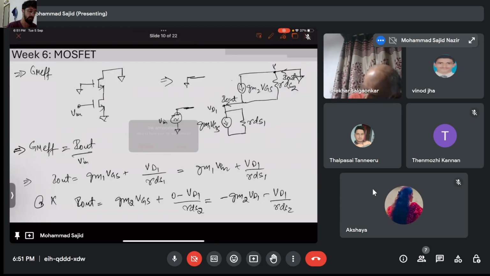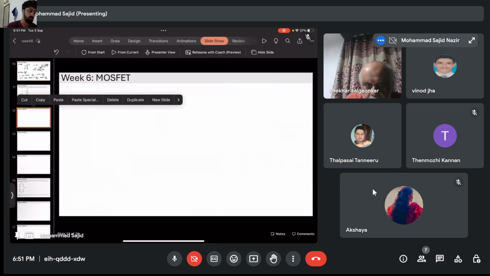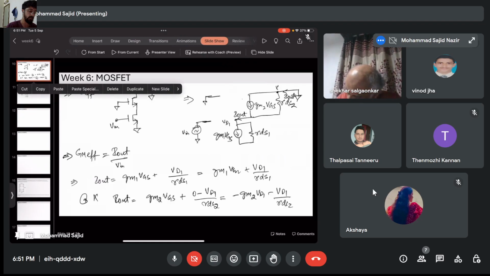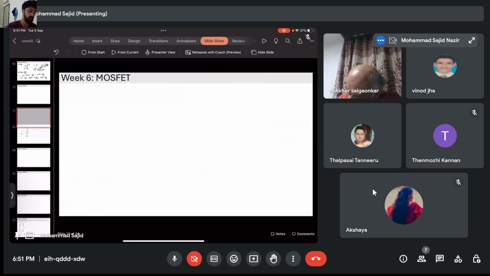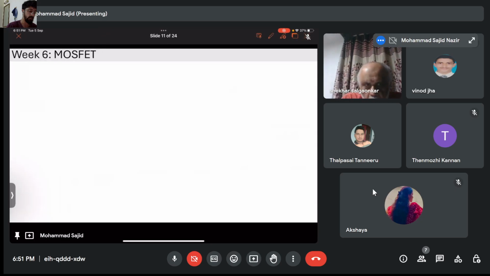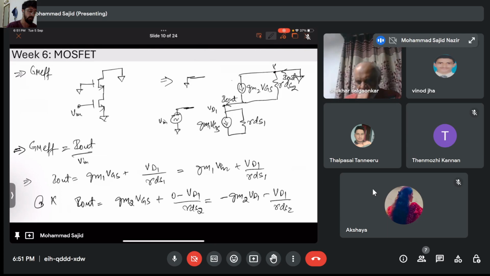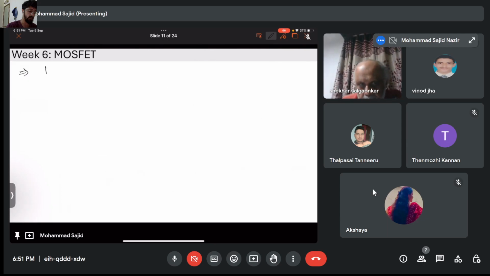I output is minus, if I take VD1 as common, GM2 plus 1 by RDS2. So now you have VD1.